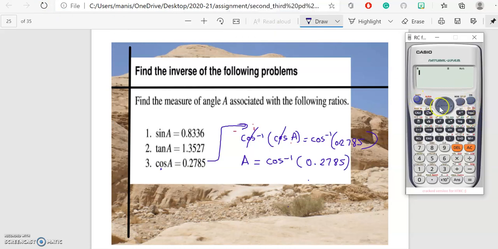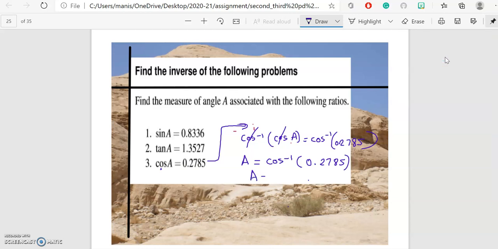So you will press the button shift and you will press the button cos, which will give you cosine inverse 0.2785. So what is our answer? Our answer is 73.82 degrees. So I'll write my answer 73.82. So angle A is what? 73.82 degrees.